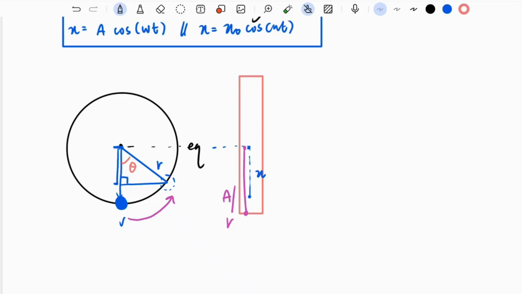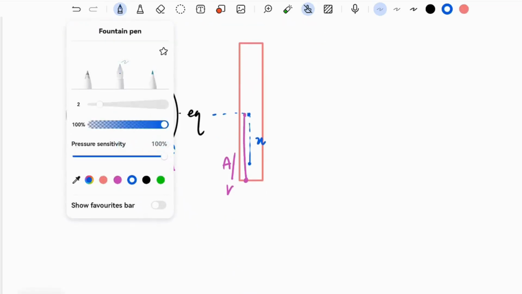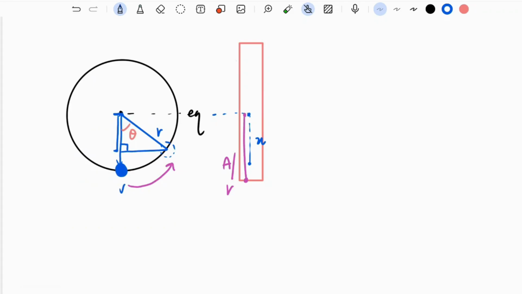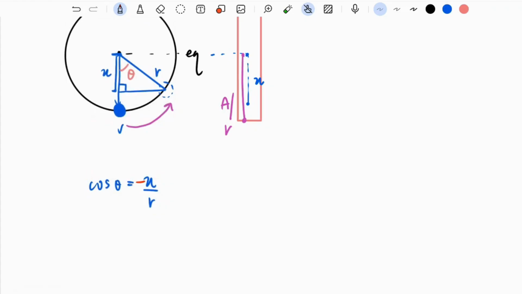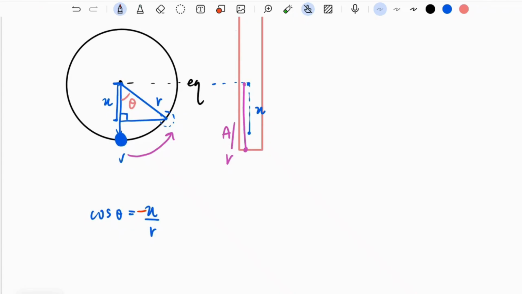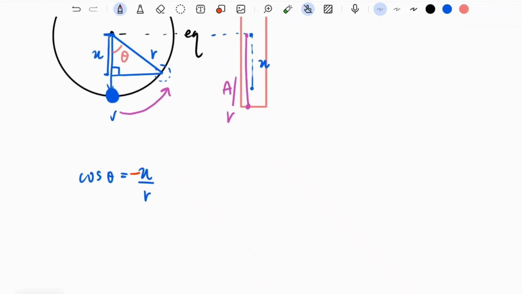So can we derive this? Yes. What function should we use now? Should we use sine or cosine? We should use cosine because we have adjacent and hypotenuse. So cos theta equals adjacent over hypotenuse. Wait a minute. Our x here should be negative. Why negative? Because if you remember from my previous video, which was about a spring to the left and right, equilibrium to the right is a positive x, to the left it's negative.